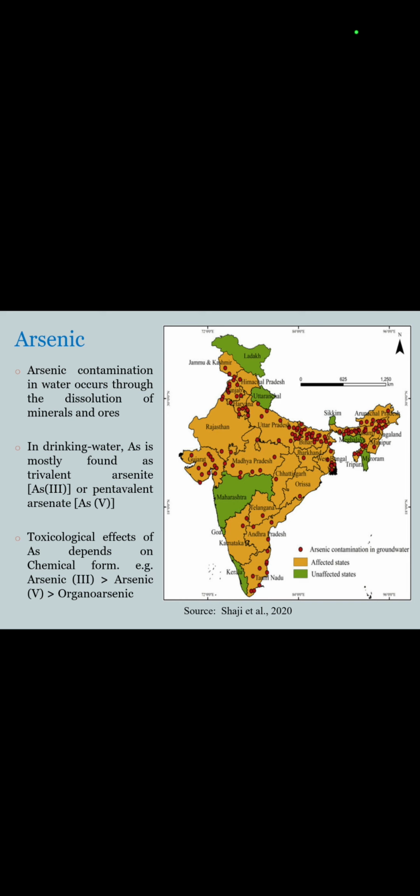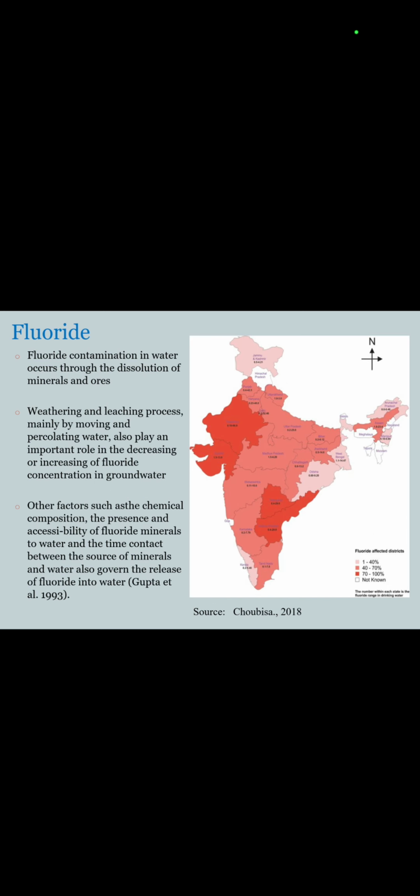In drinking water, it is mainly found in the trivalent form, which is arsenite, and the pentavalent form, which is arsenate. The effects of arsenic depend on the chemical form. The trivalent form, arsenite, is the most toxic as opposed to the other forms.